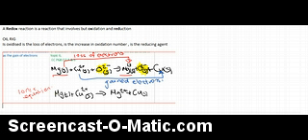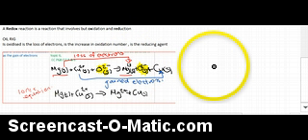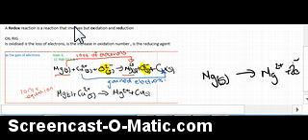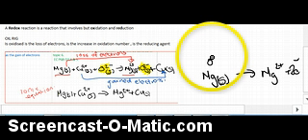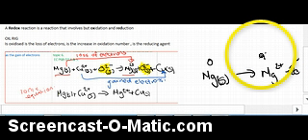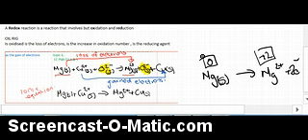So we can see that magnesium is oxidized because magnesium has lost 2 electrons because it's gone from Mg solid to Mg2+. So you can see we've gone from an oxidation state of 0 in an element to an oxidation state of +2 in this ion here, so 0 to +2.